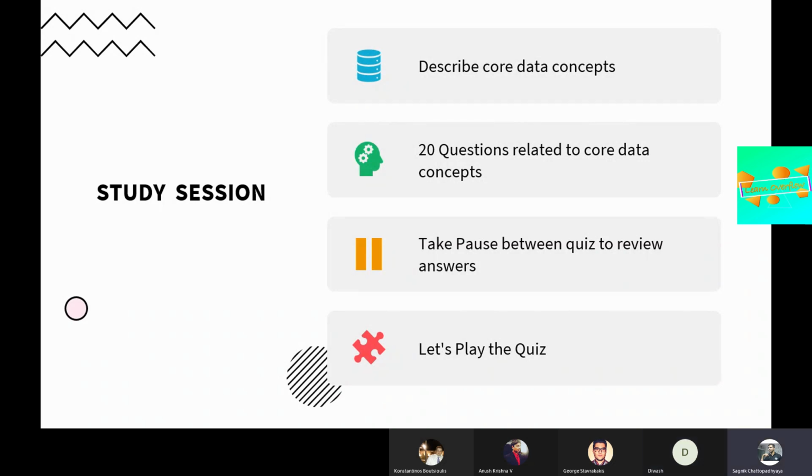In this study session, we will be mostly focusing on the core data concepts, and in that code quiz we have 20 questions related to core data concepts. While going through the code quiz, we will pause between the questions to review our answers and discuss what the correct answers should be and why the other options aren't correct.